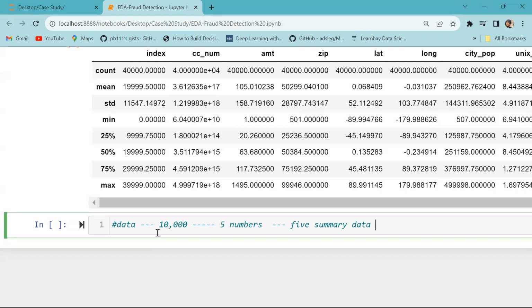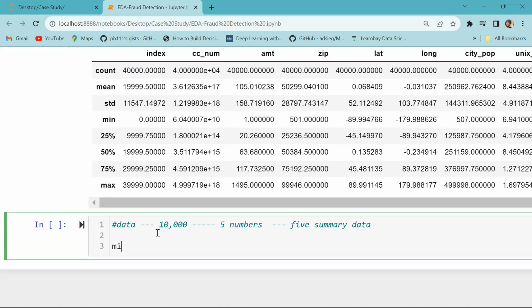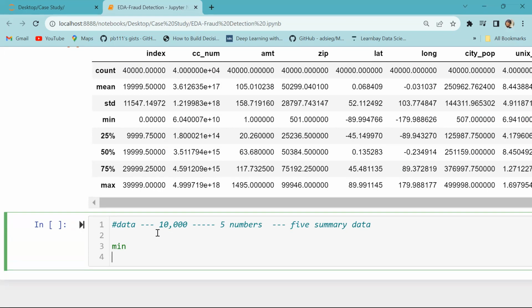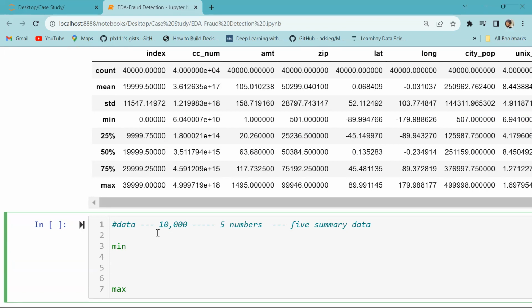The 5 summary data includes the minimum number from those millions of observations, the max number, the biggest number, and the middle number that we call the median, which is the 50 percentile of the data. And this is the 100 percentile of the data.